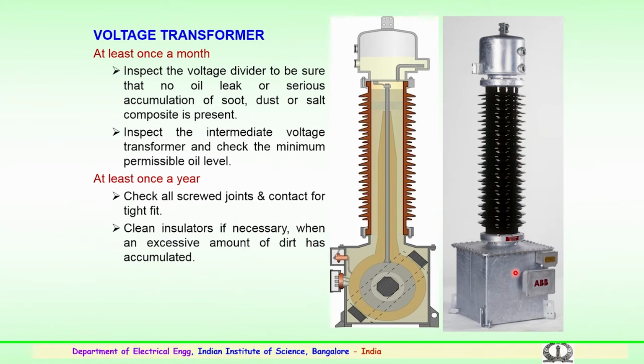So, that is the reason the maintenance has to be carried out at least monthly. Inspect the intermediate voltage transformer and check that the minimum permissible oil level is maintained in the voltage and current transformers.